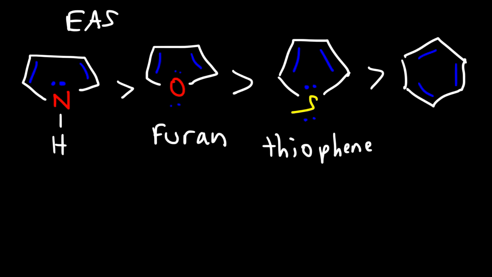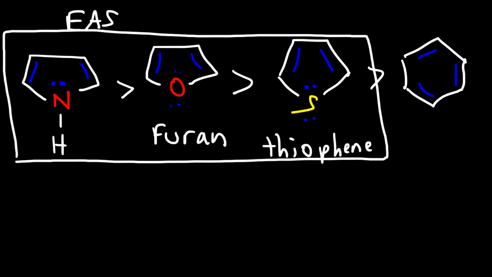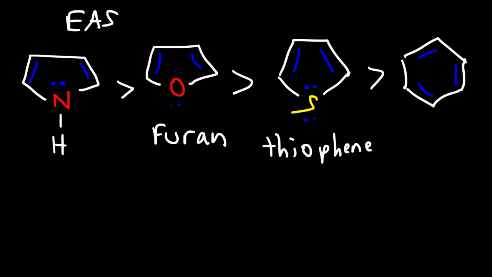Now let's discuss why these compounds are arranged the way they are. So these three are more reactive than benzene in an EAS reaction because they can stabilize a positive charge better than benzene can. So once you add an electrophile to any one of these rings, a positive charge will be acquired. And in the case of benzene, we can only put the positive charge on a carbon atom.